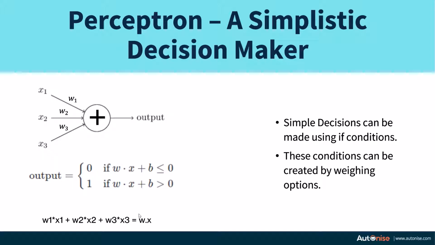When you do a dot product, you get these values. We add a bias term to it, which is the thresholding value, and if the value is less than 0, then the output is taken to be 0. If the sum is greater than 0, then we take the output as 1. So this is what a perceptron is.